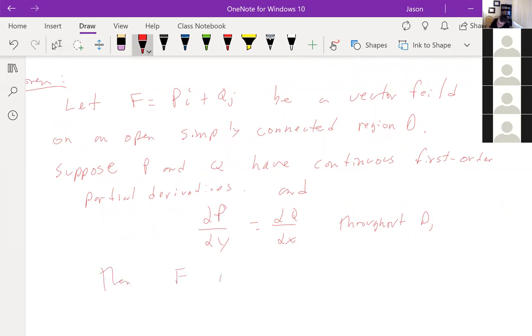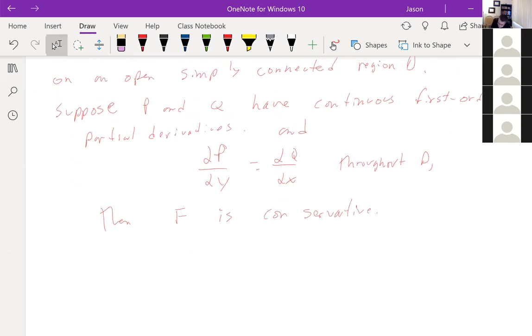Then F is conservative. So this is saying that we're doing kind of a proof backwards, and we'll get to this in a little bit. This is the converse of really what we want to prove.